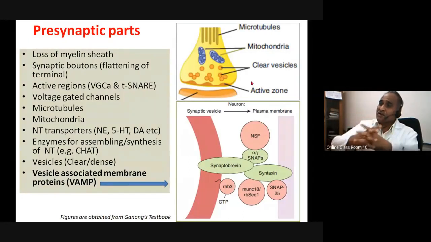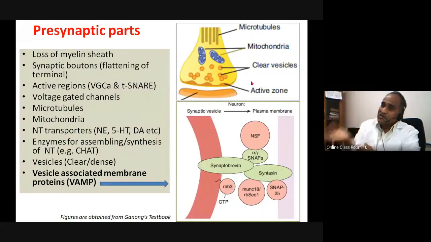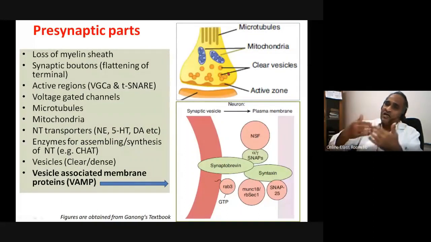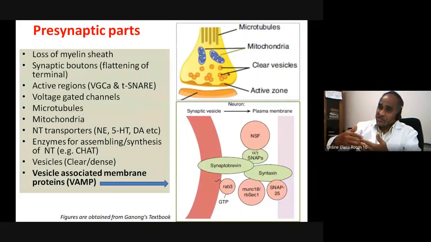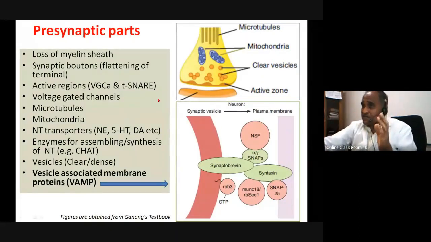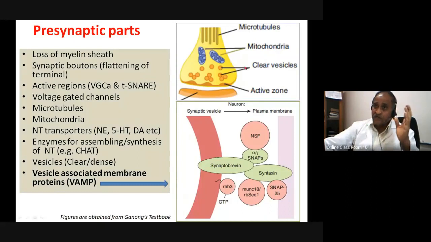For example, glutamate is taken up by the glutamate transporters, and then glutamine is transported to the presynaptic terminal for the glutamine to glutamate synthesis. That is how the astrocytes also work. So you have the astrocytes here with the neurons.